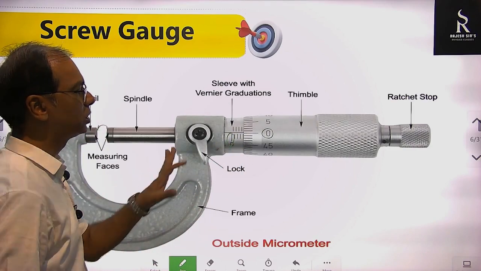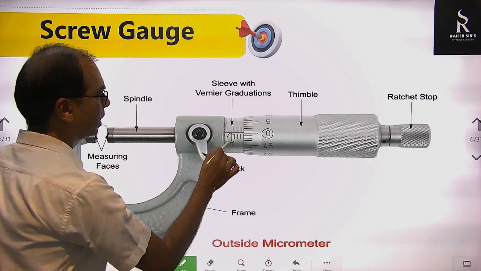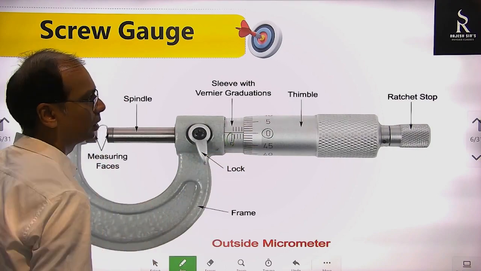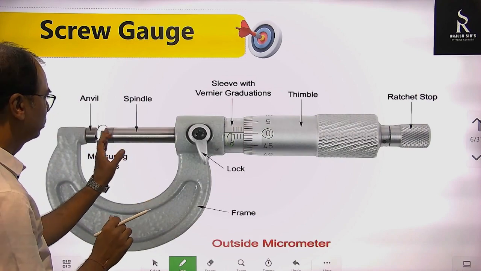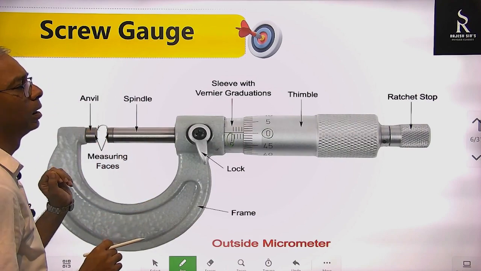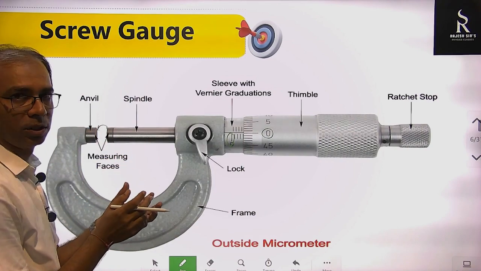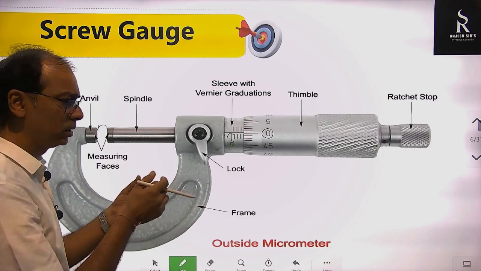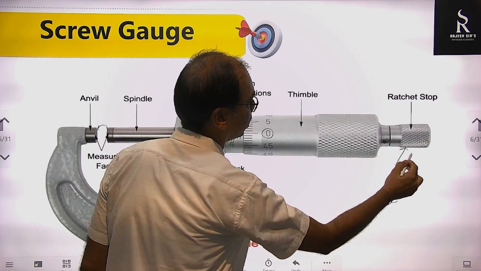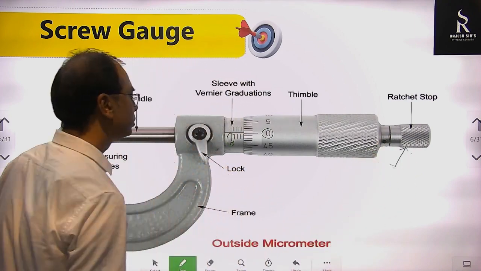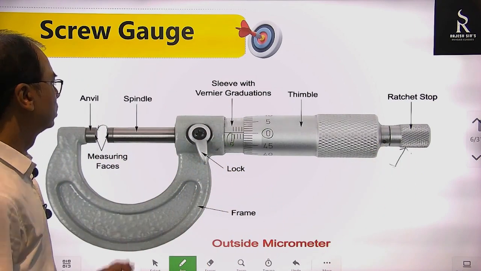This is the main scale, this is the circular scale, and this is the ratchet. When you are touching the spindle with the anvil, or are in touch with the object, first it is touching the object slightly. We have to rotate it to see that there is no play between them. That's the ratchet. Fine. So this is the screw gauge.